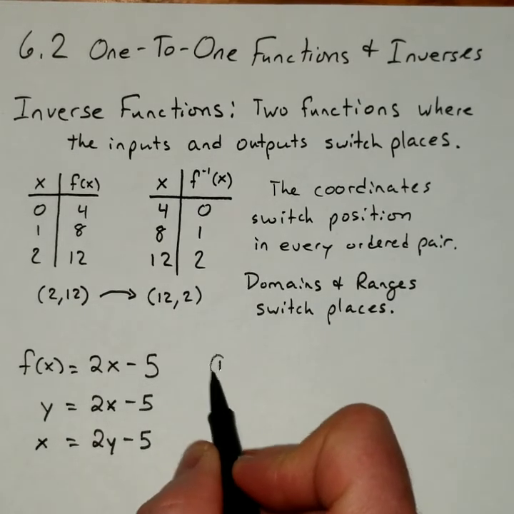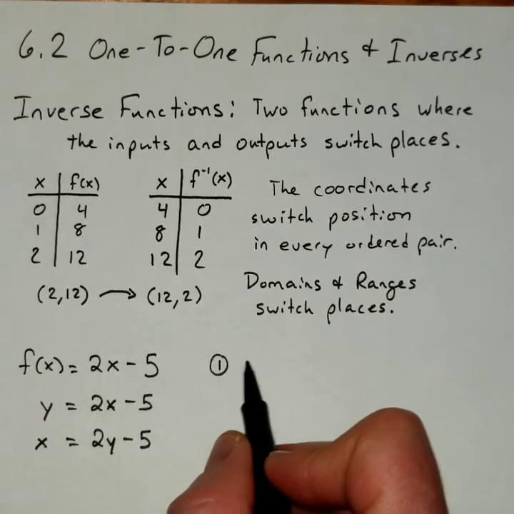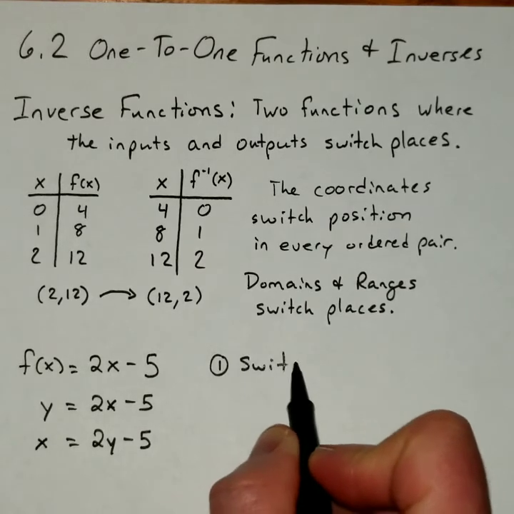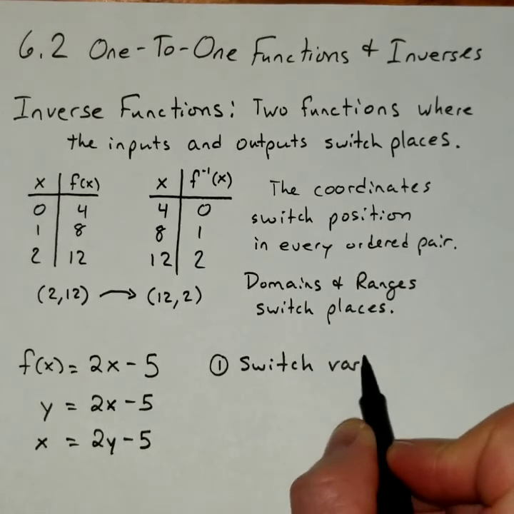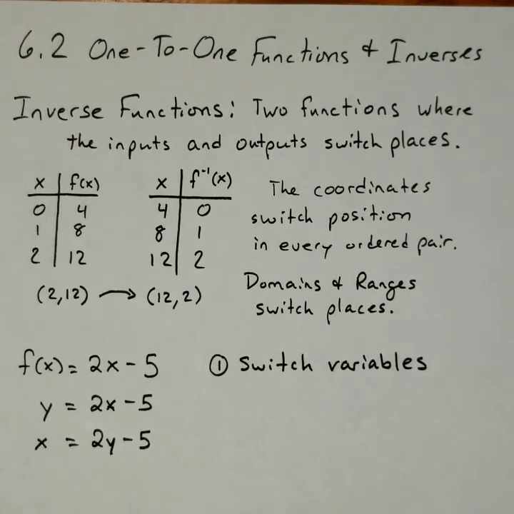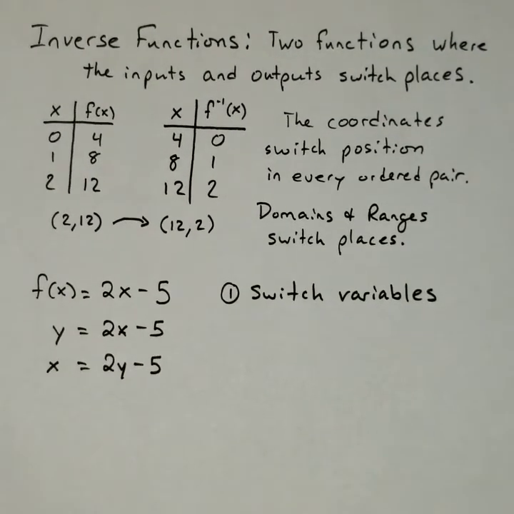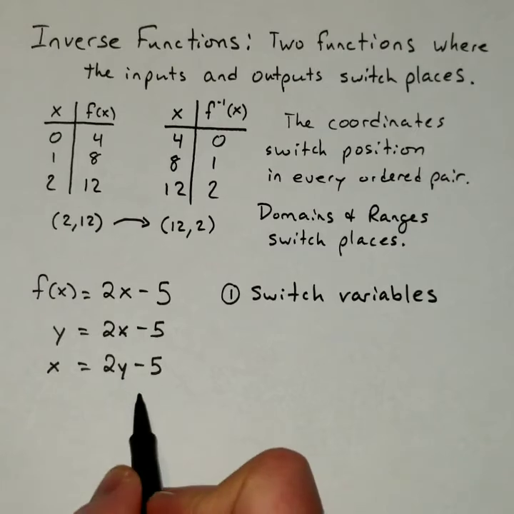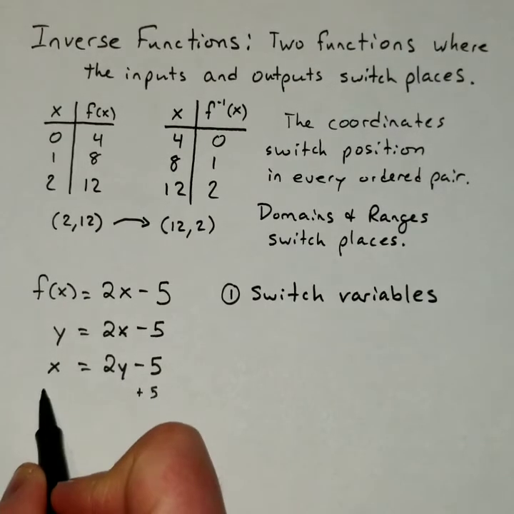Okay, so the first thing you do is switch the variables. Then, we're always solving for y to get the function notation, so let's do that. Let's solve for y. I want to add 5 to both sides.